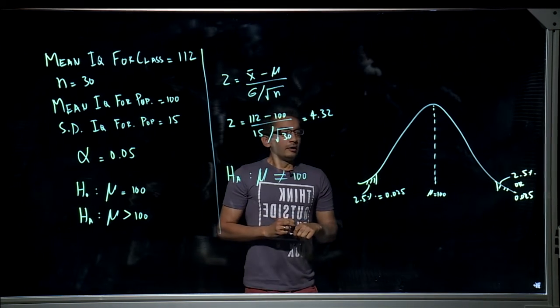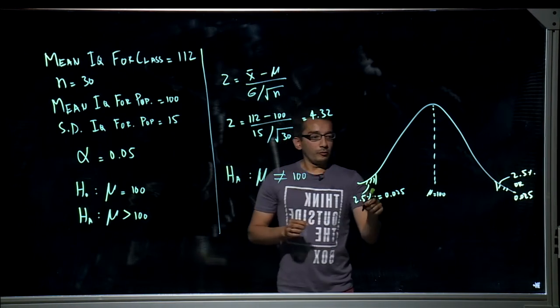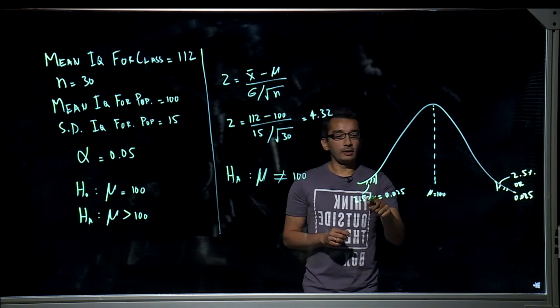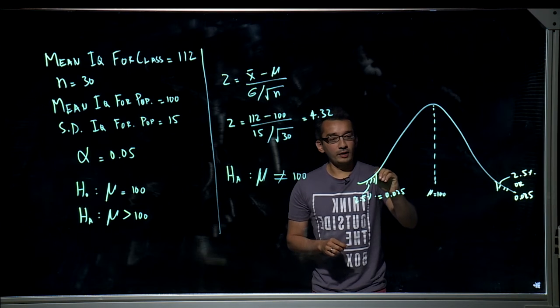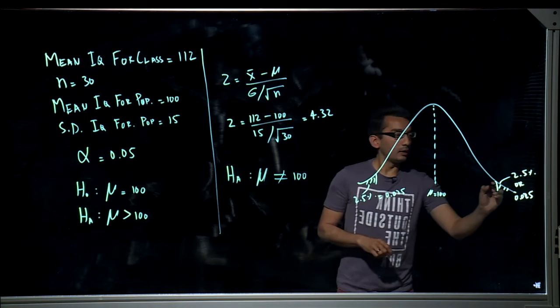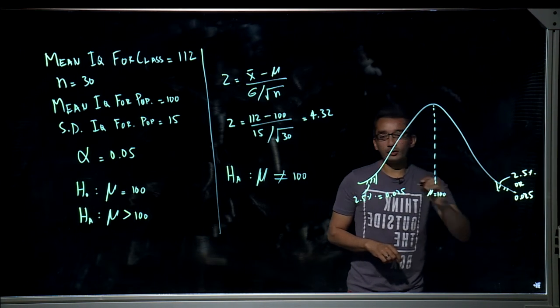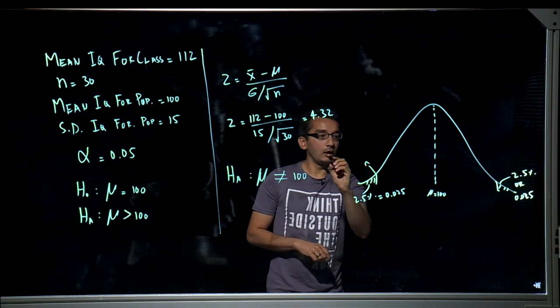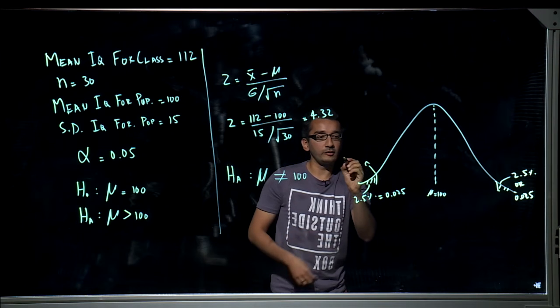So we need to figure out the critical z-scores for these boundaries for the 2.5% level of significance at both ends, and I'm going to tell you these, and you can also learn how to look at the z-table and calculate these yourselves.